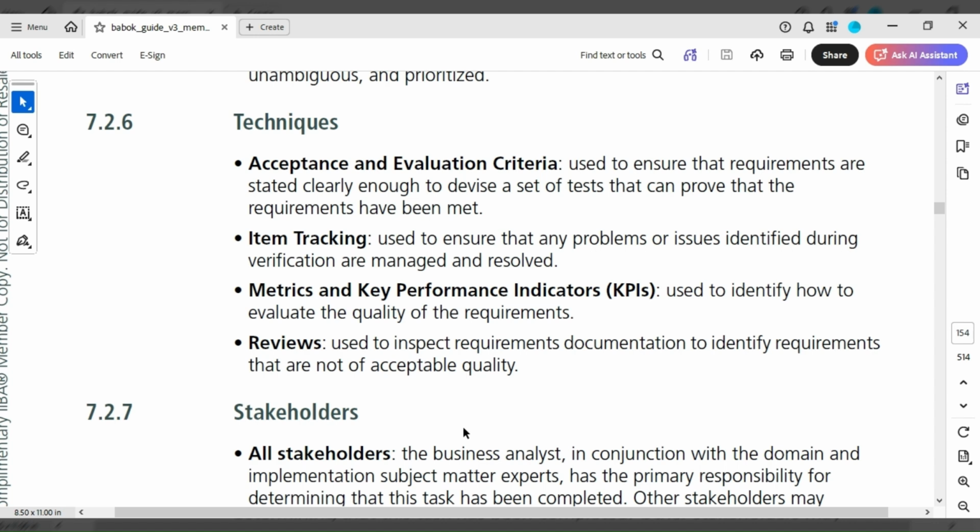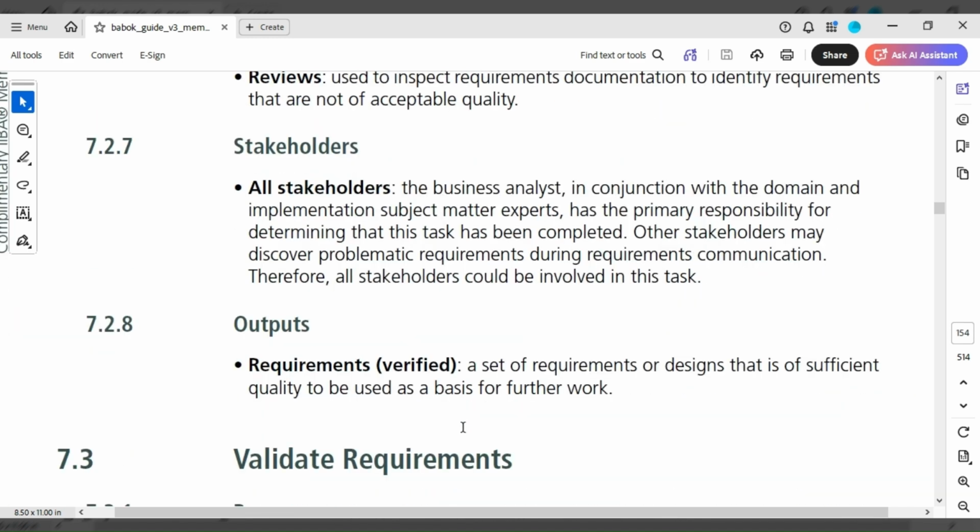Item tracking: used to ensure that any problems or issues identified during verification are managed and resolved. Metrics and key performance indicators, KPIs: used to identify how to evaluate the quality of the requirements. Reviews: used to inspect requirements documentation to identify requirements that are not of acceptable quality.